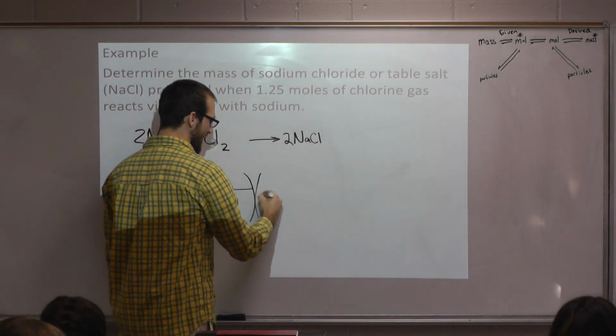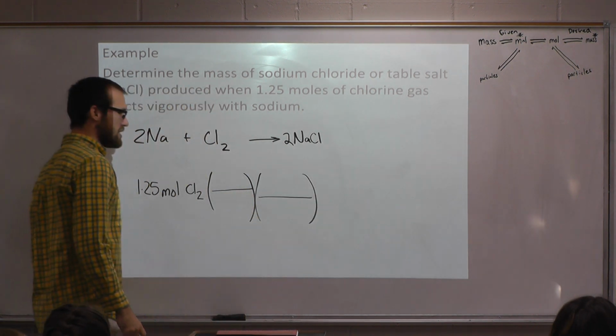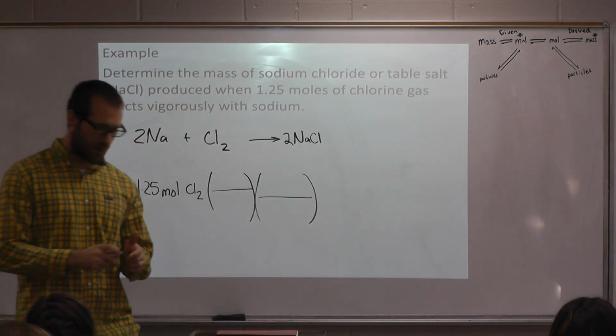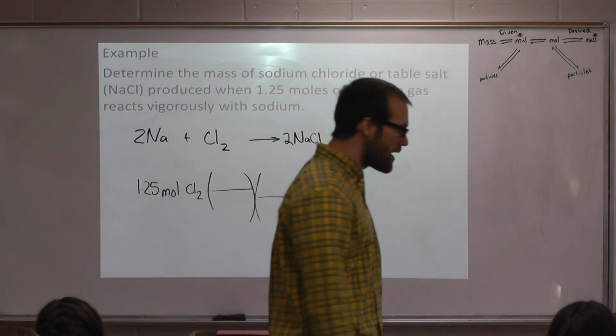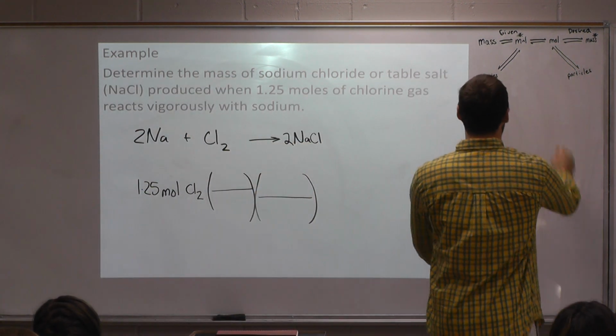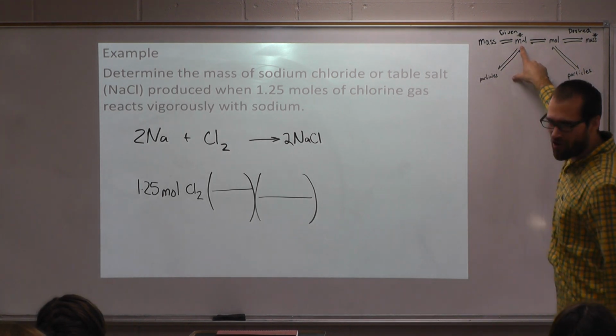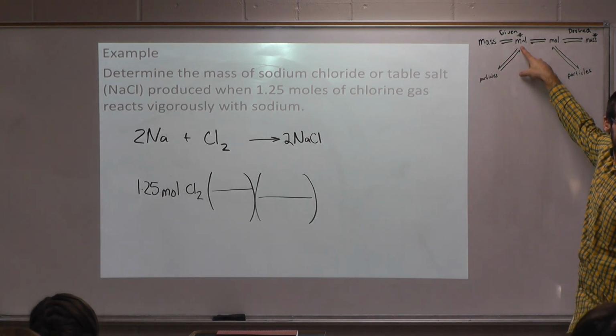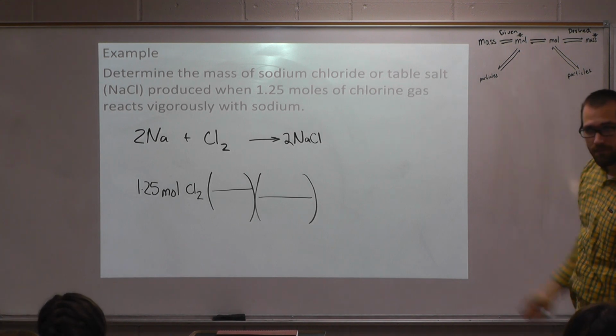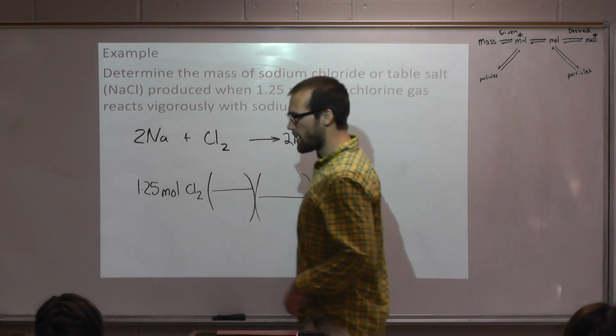Okay. Now I said that the reason why this can be challenging is you have to identify where you are starting and where you're going. Now notice, if I start here, my first step is no longer molar mass, is it? Nope, it's a mole train, so we gotta go the coefficients.